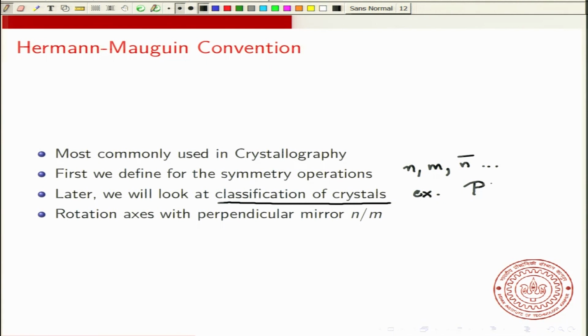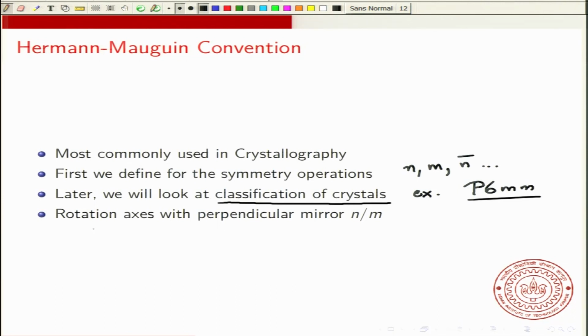For example, you can have something like P6mm. This is a Hermann-Mauguin convention for a crystal. It's not a Hermann-Mauguin convention for a symmetry operation, but essentially for each of these names we will see later how to interpret such a name. That convention is something that we will look at.